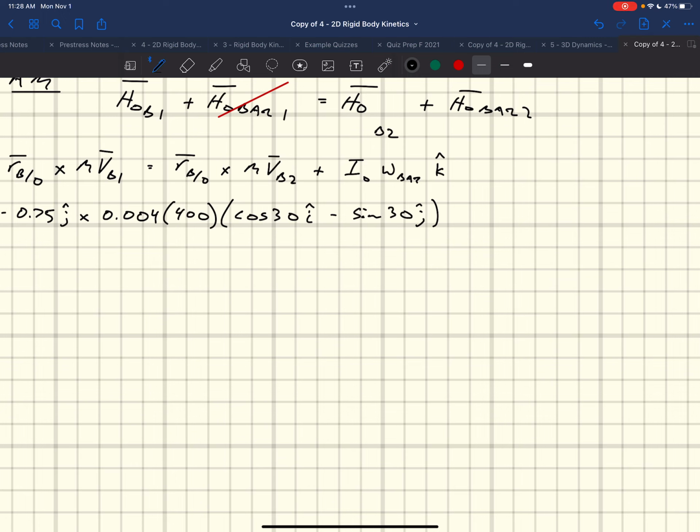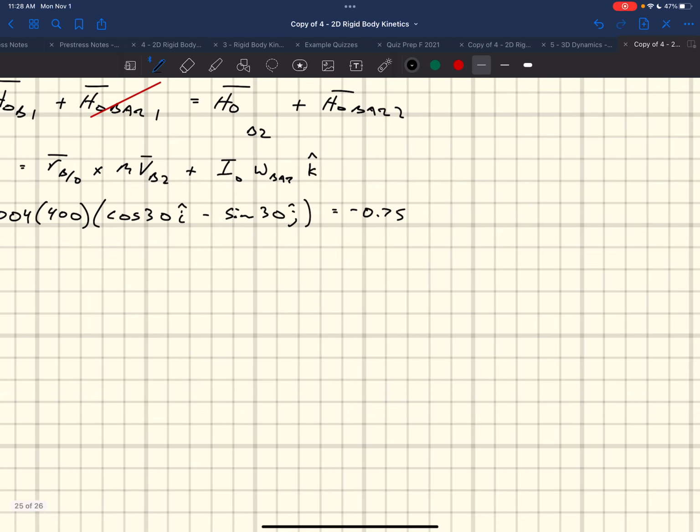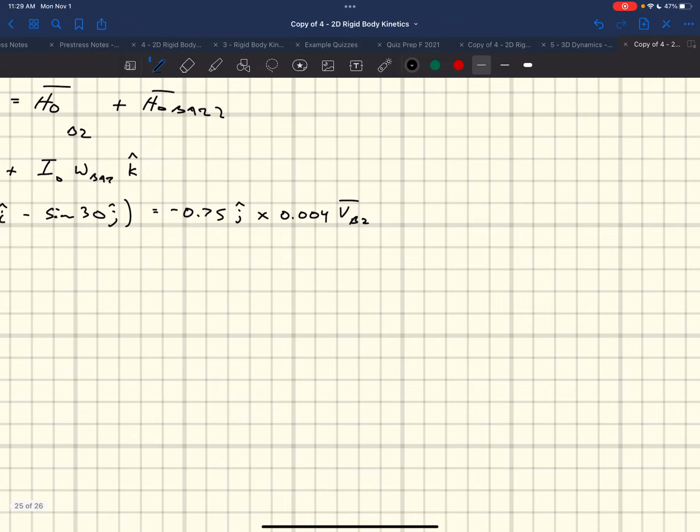That's all the left-hand side. That's equal to negative 0.75 in the J crossed with 0.004 times VB2. I don't know what that magnitude is yet.